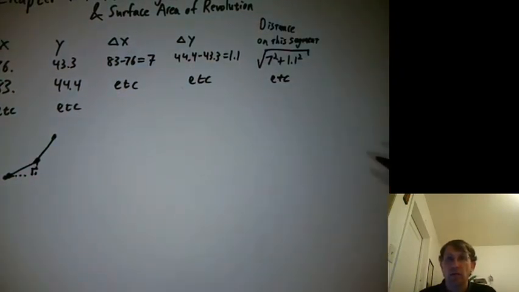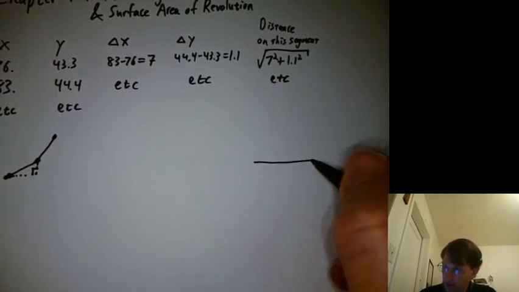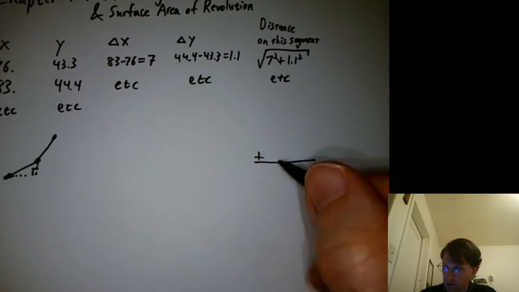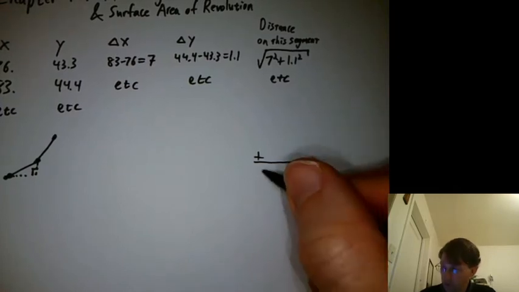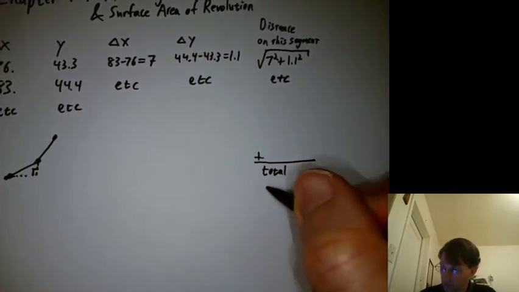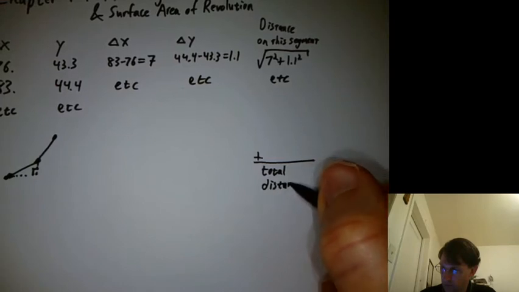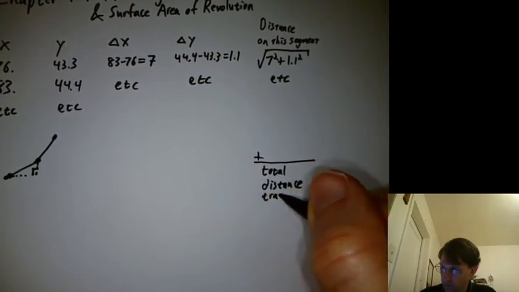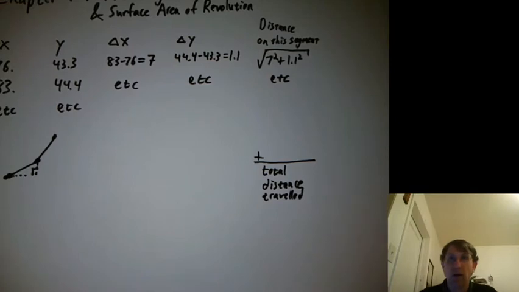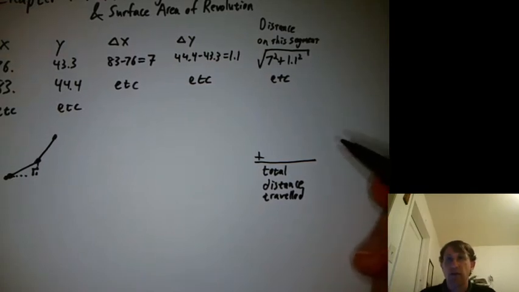And then what would be your total flight distance traveled? Well, once you get down here, you could add it all up, and this would give you your total distance traveled. That's one way to get the total distance traveled.